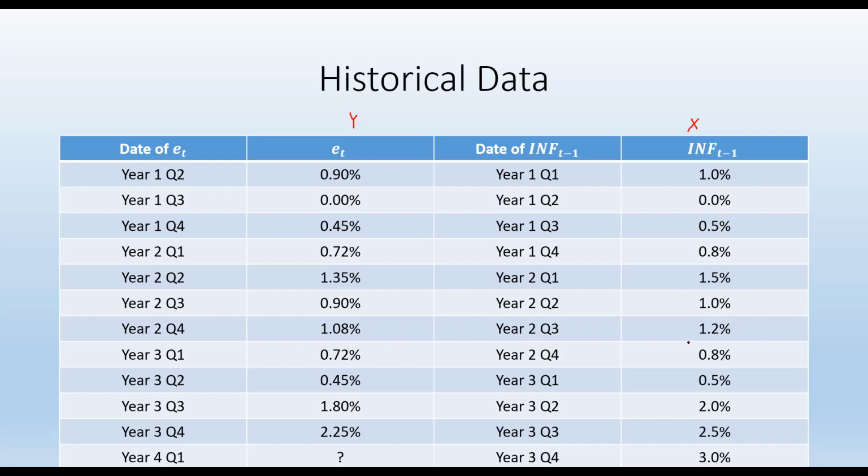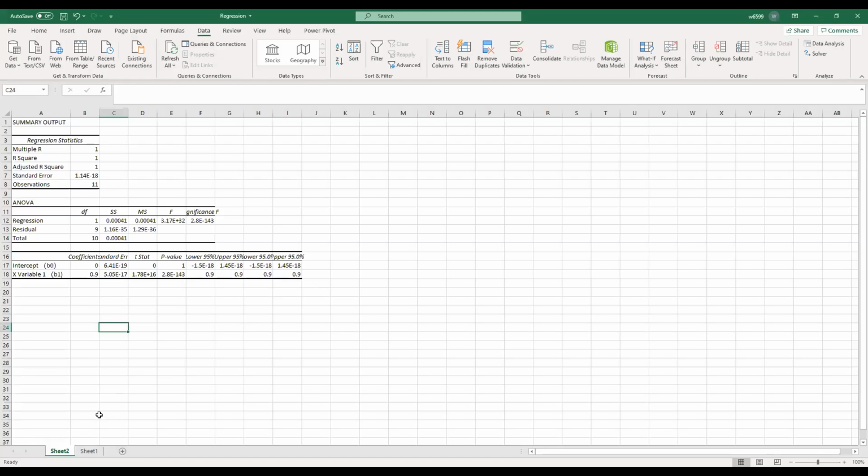So B0 equals 0, and B1 is 0.9. So that is our regression result.